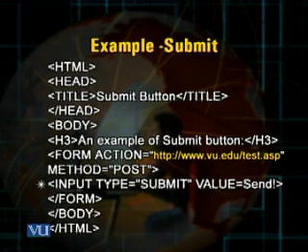In the input tag, I would use the attribute type, and the value of the type attribute here would be the keyword submit. That would in fact create a submit button for us.